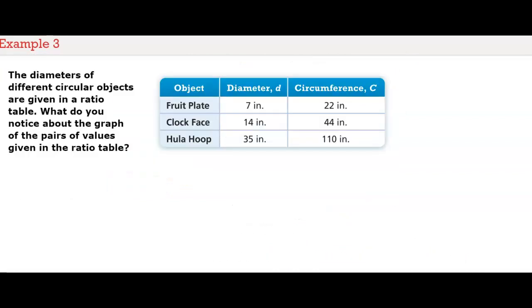The diameters of different circular objects are given in a ratio table. What do you notice about the graph of the pairs of values given in the ratio table?